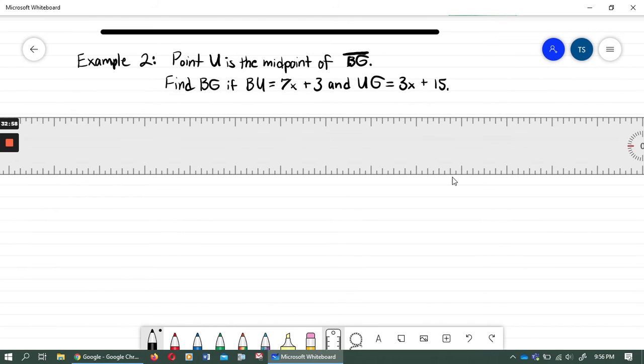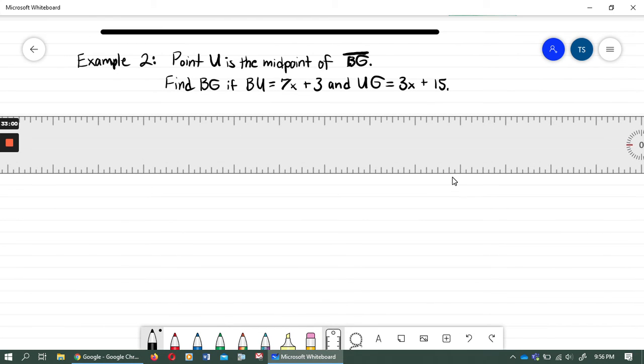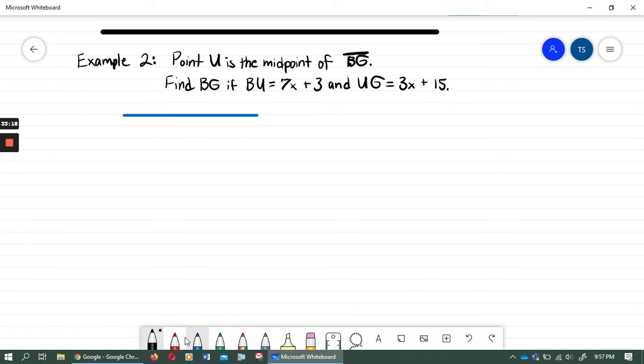Anyway. Alright, so we've got segment BG, right? Okay, I don't like that in black. Let's try it in a different color. That looks so much better. Didn't mean to erase that. So you've got segment BG.